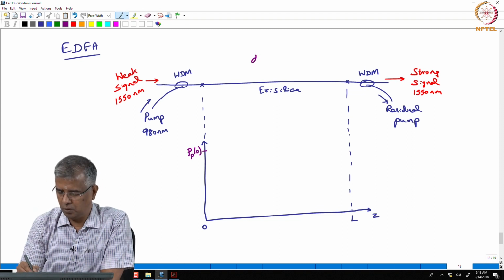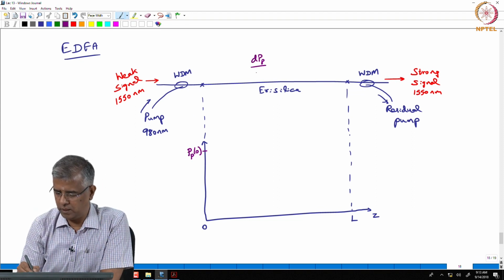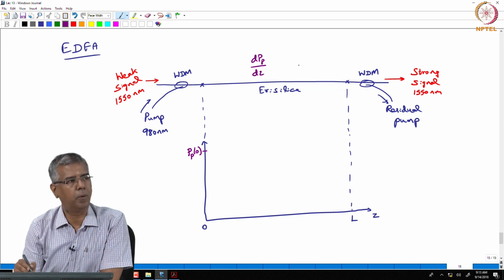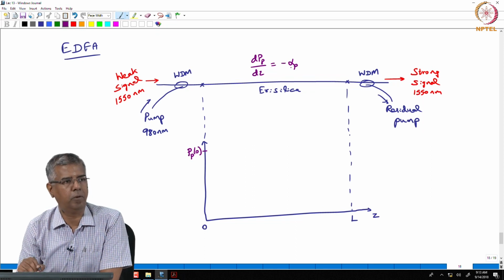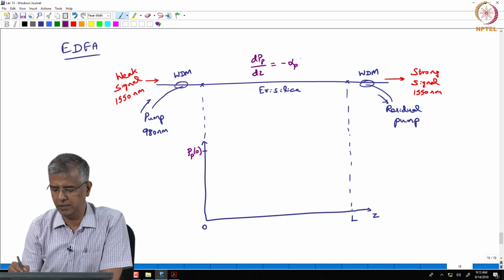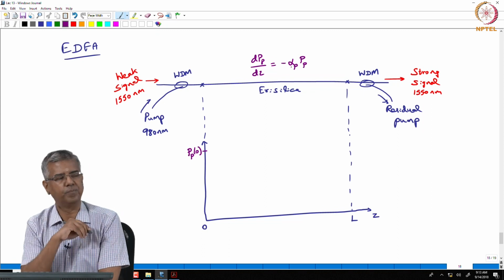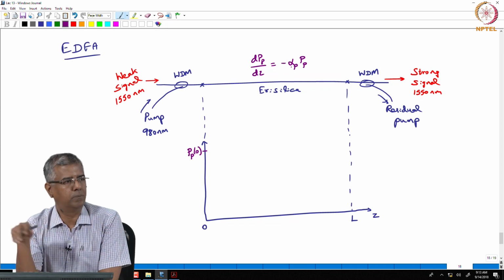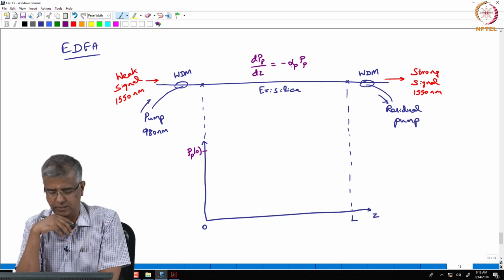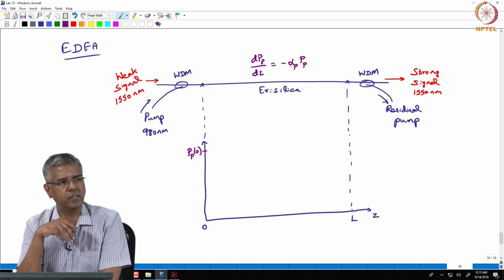So, you can say that dPp/dz, as it propagates, is going to go through a certain absorption at the rate, let us say alpha_p, that is the absorption coefficient, multiplied by Pp. So, it is actually getting absorbed at a constant rate. What is the solution you expect?